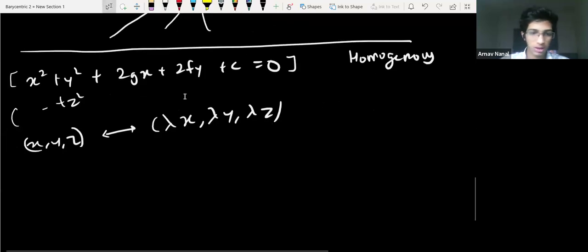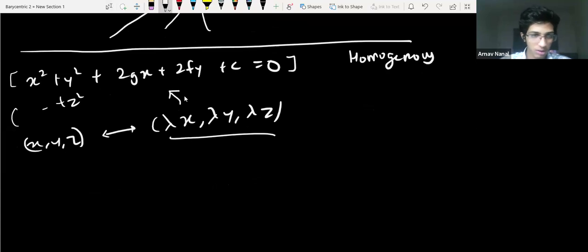So this point should also satisfy the same thing. If you substitute back here, even this should equate to 0.